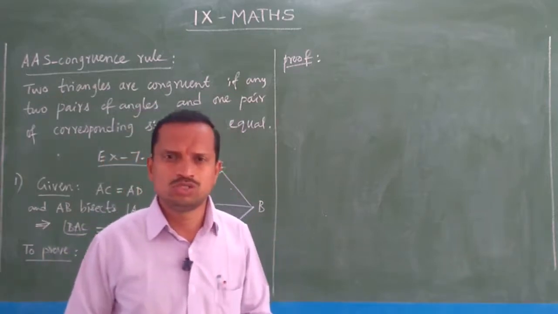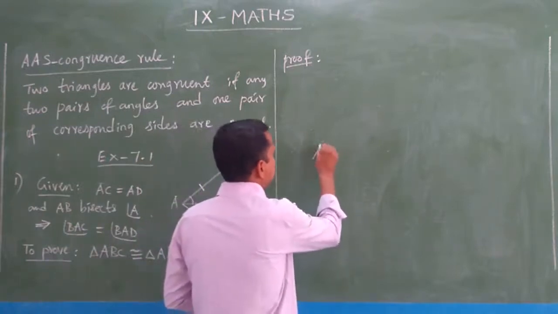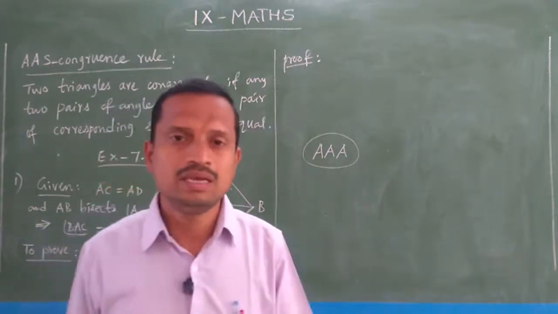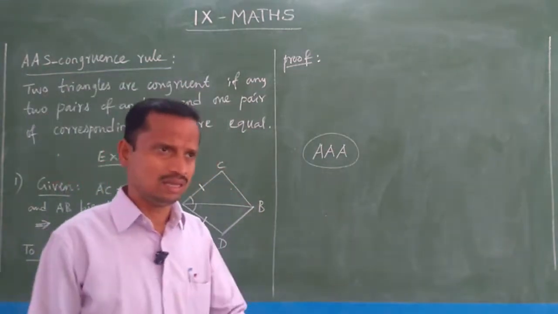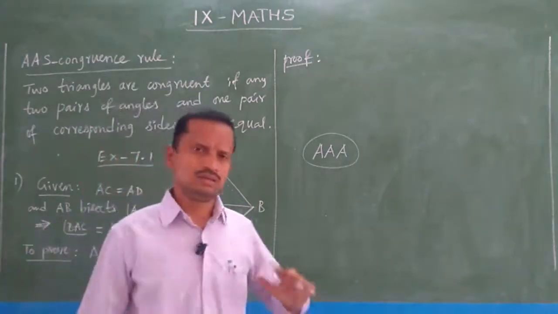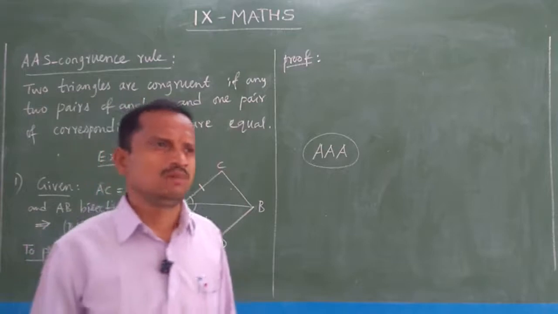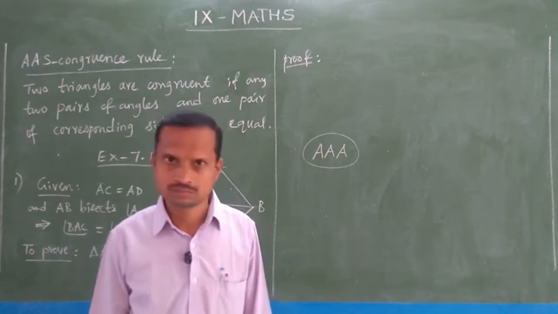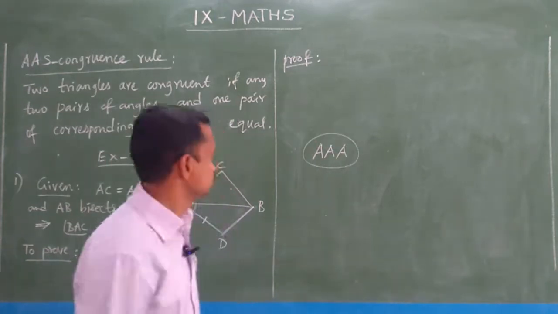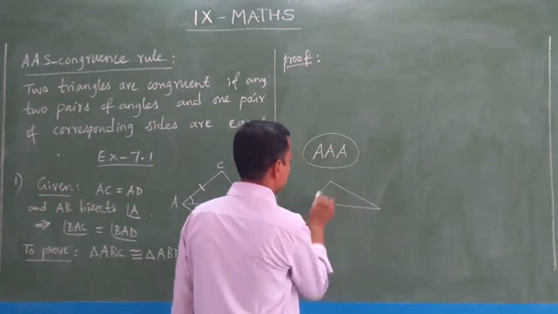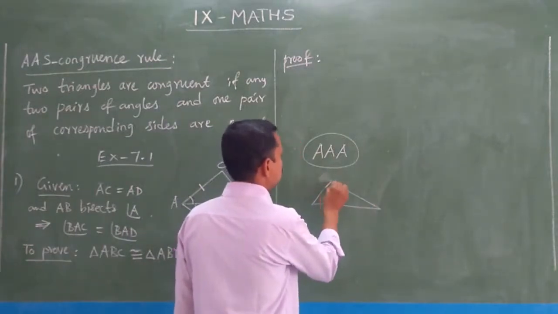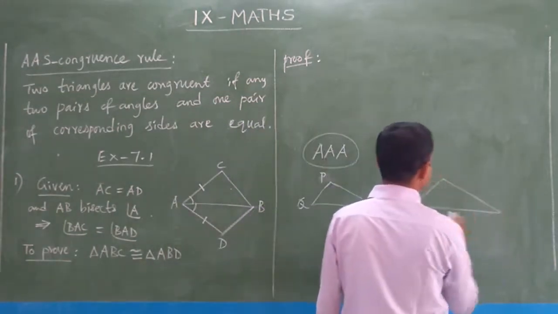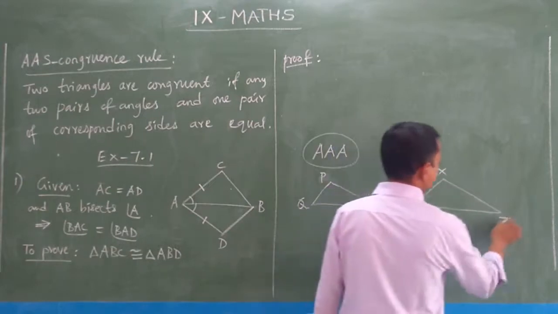So now I want to put a question. What about AAA? I said A means angle. If the three corresponding pairs of angles of two triangles are equal, can we say they are congruent? Can you understand? See, take triangle PQR, and another triangle XYZ.